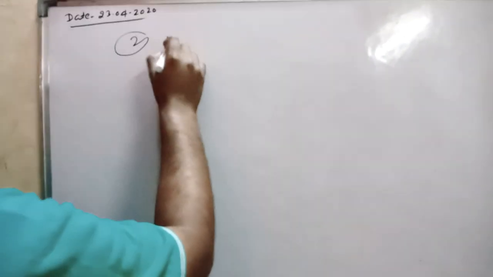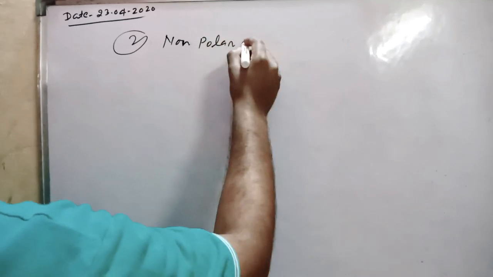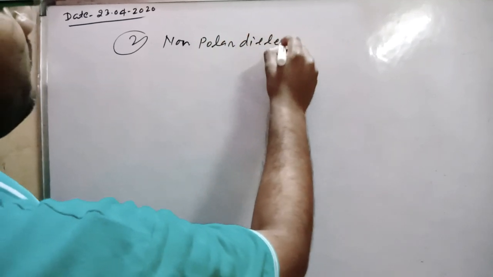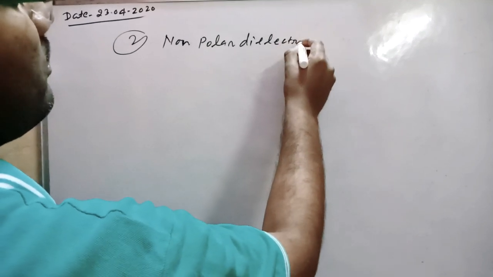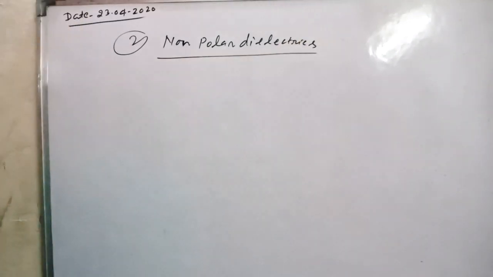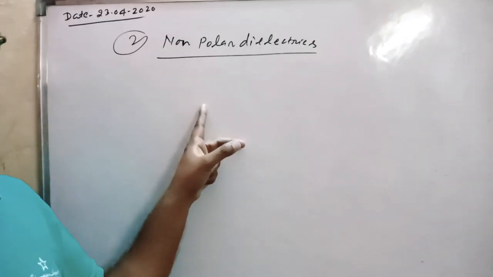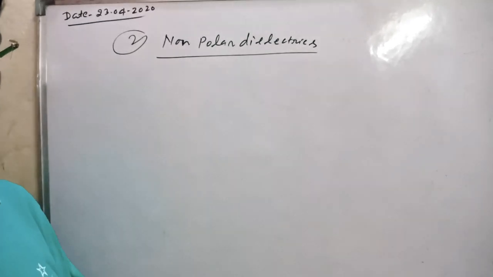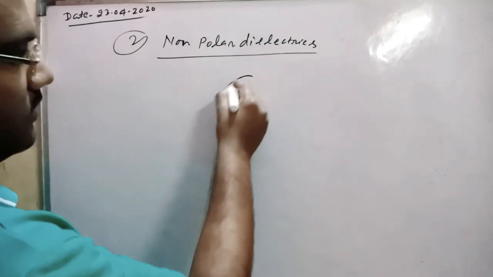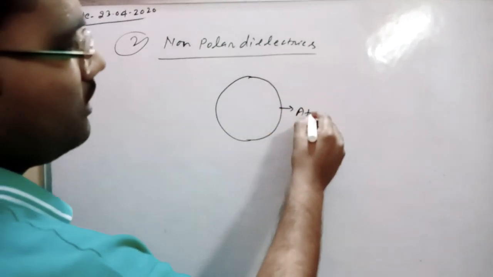Now the second one is non-polar dielectrics. Non-polar dielectrics are those substances in which the centers of positive and negative charge coincide with each other. This one is the atom or molecule.